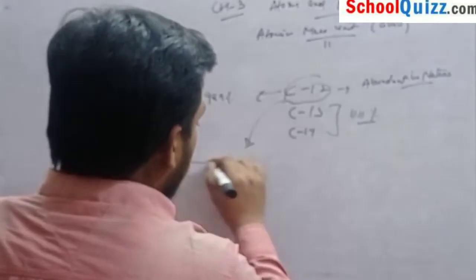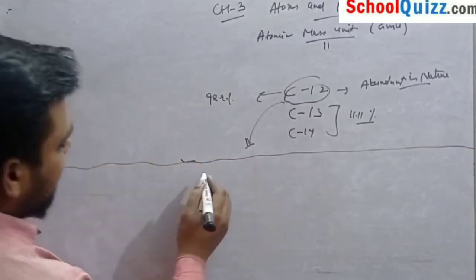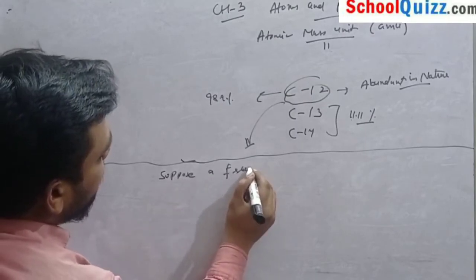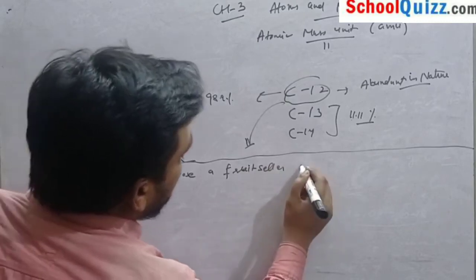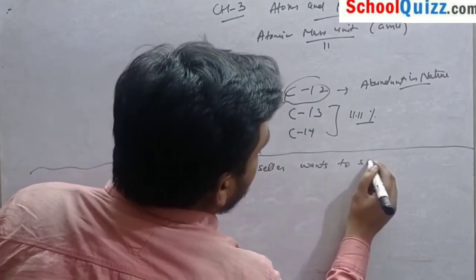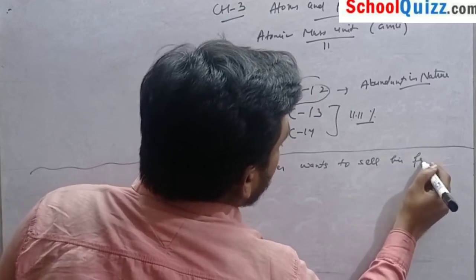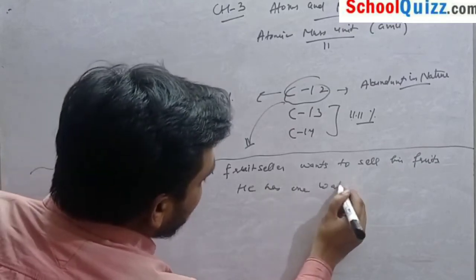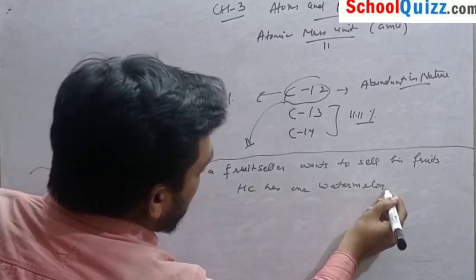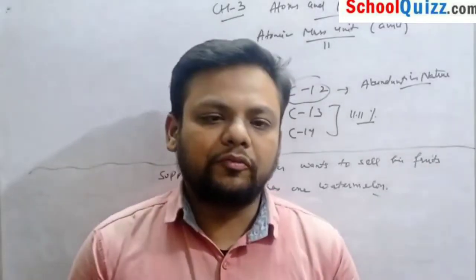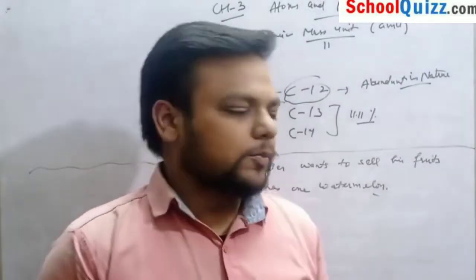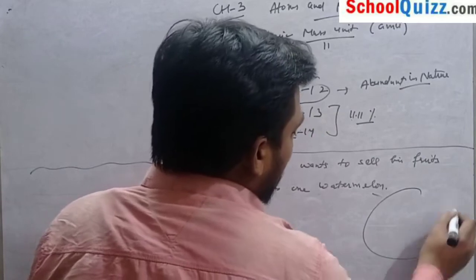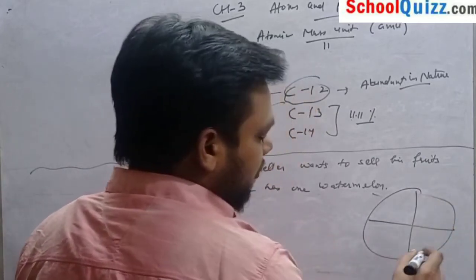To understand this topic, a story is given in your NCERT book. Suppose a fruit seller wants to sell his fruits. He has one watermelon. He has no other weights like 1 kilogram, 2 kilogram. So he has just one watermelon. So what he did, he took his watermelon and divided it into 12 equal parts.